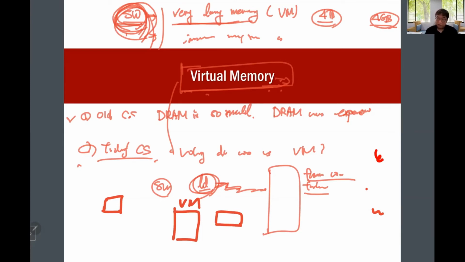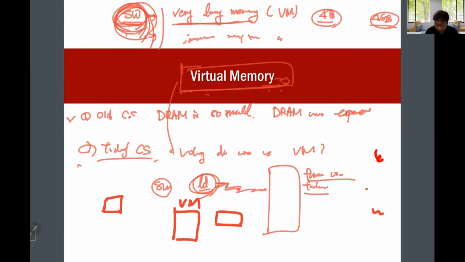But we currently use the virtual memory concept because, as I explained, when software is designed, the software engineers cannot figure out the environment for software execution. The hardware resources and environments like the number of processes or number of cores are managed by the operating system.